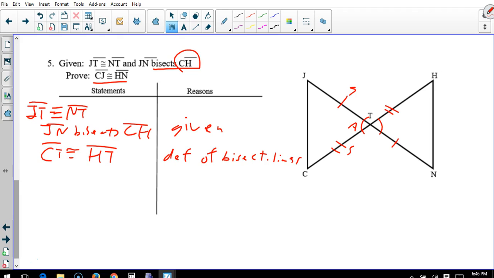Then we say angle JTC, again, highway 1, highway 2. So highway 1 would be NTH, and that's by the definition of vertical angles.